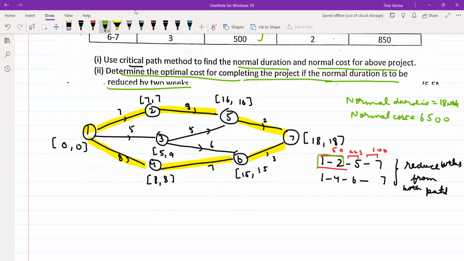We have to reduce from 1 to 2, and simultaneously from the other path: 1 to 4, the slope was 200, 4 to 6, the slope was 125, and 6 to 7, the slope was 350. So the minimum here is 4 to 6, because there is no common path. So we have to reduce the weeks from activities 1 to 2 and 4 to 6 simultaneously. You cannot reduce from only one activity.